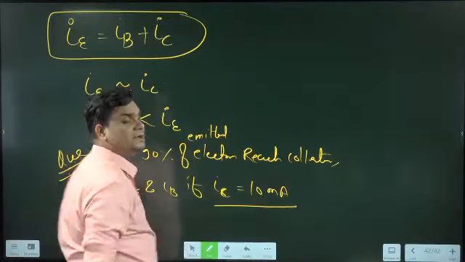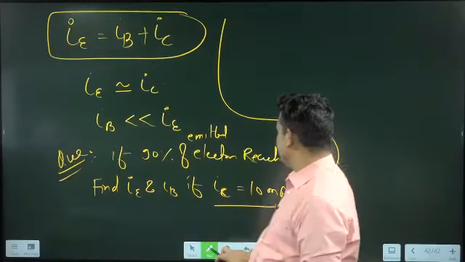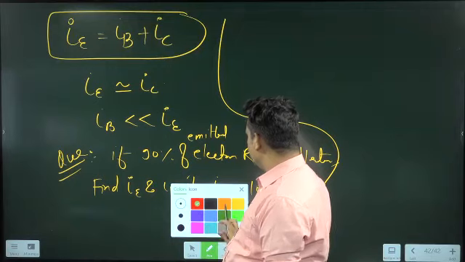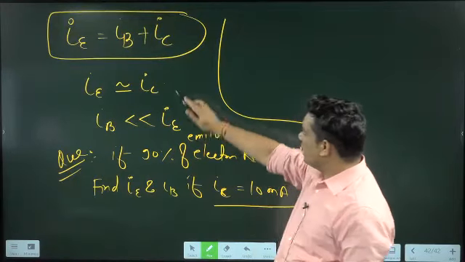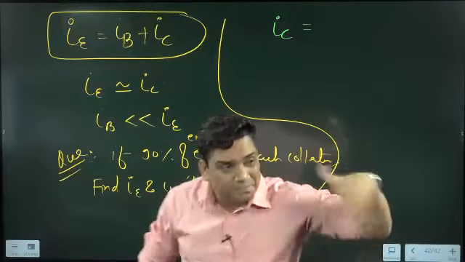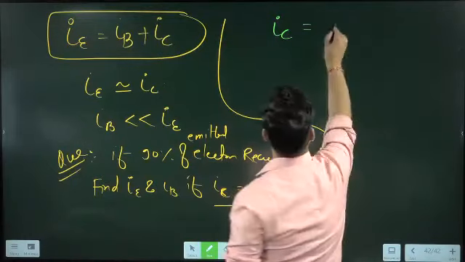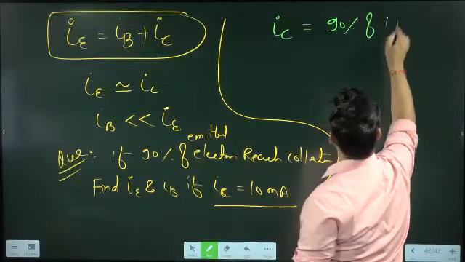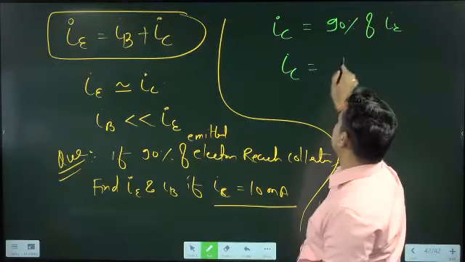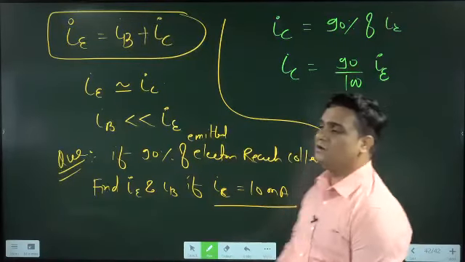One popular question here. So collector current is 10 milliampere, and they are saying that out of IE, IC is 90% of the emitted. So IC is actually 90% of IE. So IC will be equal to 90 by 100 of your IE.